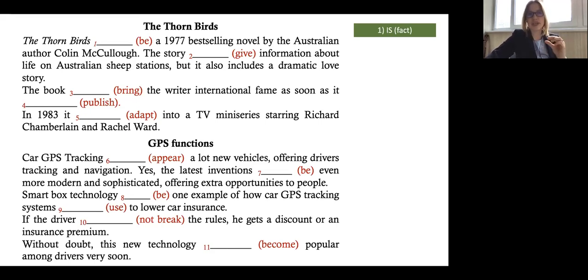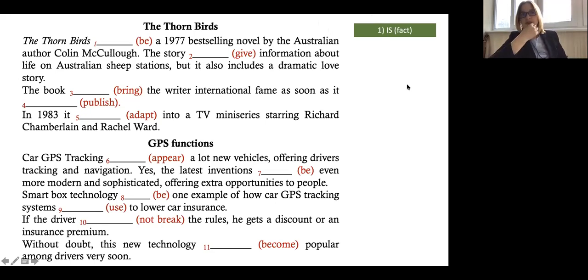Okay, we cannot say that it was a best-selling novel because nowadays we still can find this novel and we can read it, and it's an undeniable fact in the present that this is the best-selling novel. That's why we use is as the correct answer in the first gap.